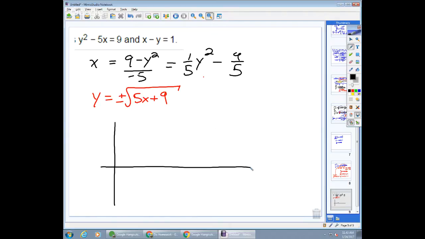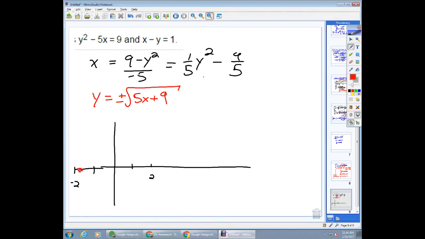So then the vertex of this is going to be 0, -9/5. So I got to come this way. So 9/5 is what? -1 4/5. So if I scale by, say, 2, the vertex is about over here. We'll do this sucker in red. Vertex is about there.